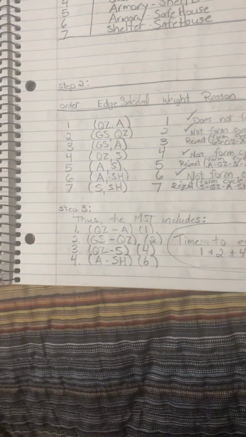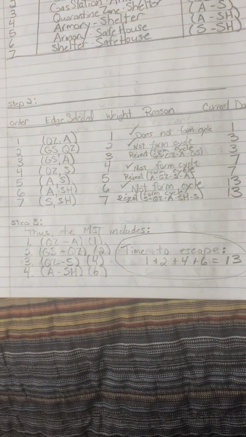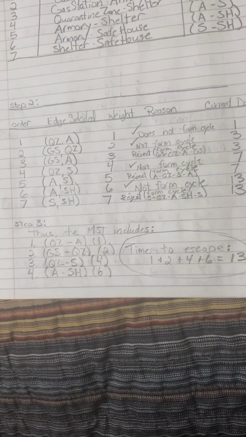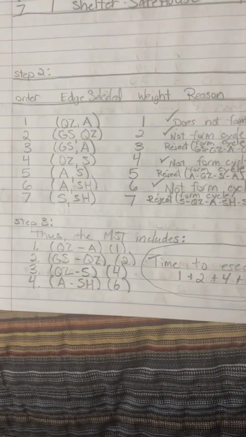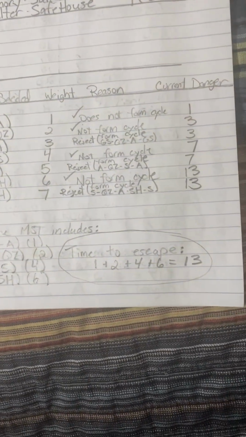The other ones got rejected because they form a cycle. So the minimum spanning tree includes those, and then you just add those weights. So you got 1 plus 2 plus 4 plus 6 gives you 13.